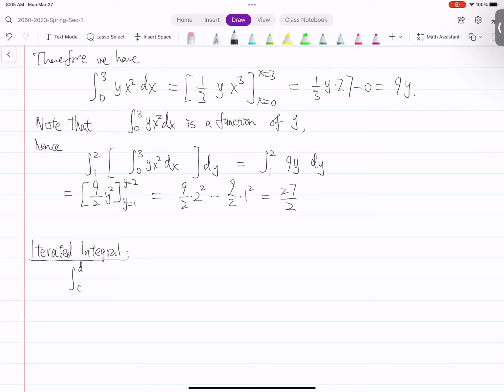Notice that for this section, we are defining these integrals on rectangles. If you recall, we have x between a and b and y between c and d. So if you're writing y on the outside, this is going to be y from c to d, and you're going to write dy at the end. And for a and b, that is the x variable. The dx is on the inside, dy is on the outside.